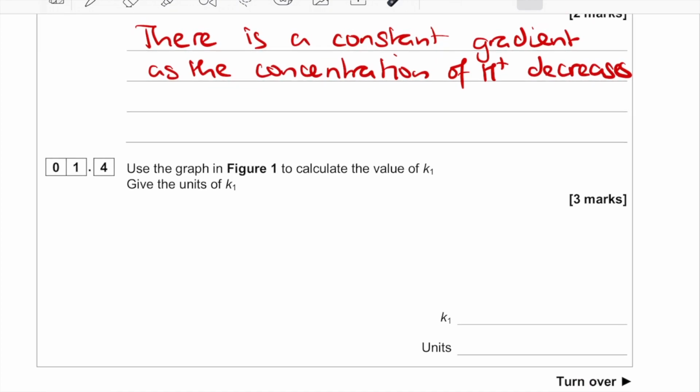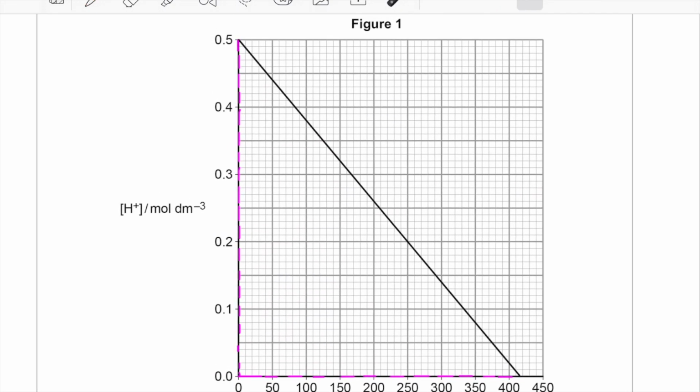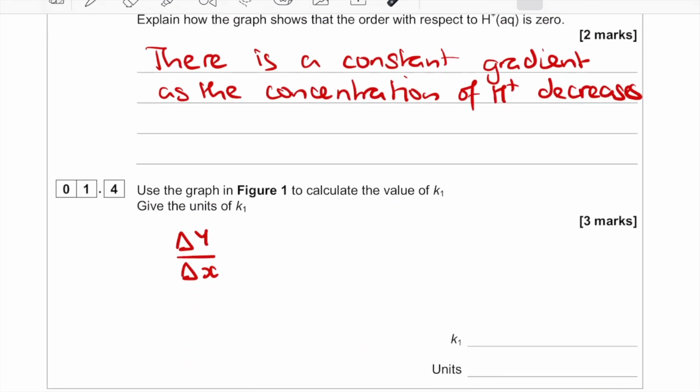So when we're working out a gradient, our gradient is always the change in y over the change in x. And if I look at my graph here, I can easily see that I go from 0.5 to 0. So my change in y is, well, it's actually minus 0.5.